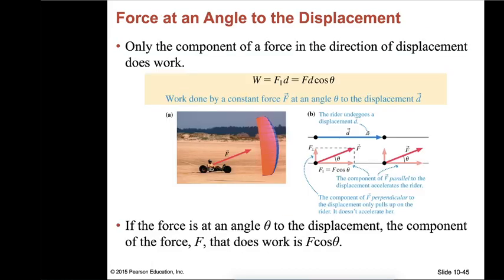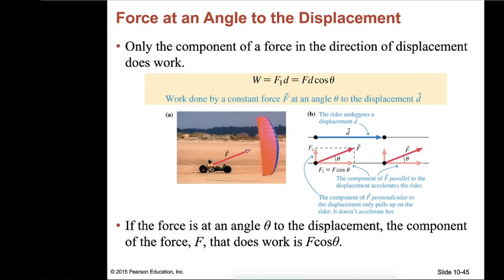Okay, so we have learned how to calculate work when the force and displacement are in the same direction. Now let's see the more general case, when the force is at an angle to the displacement. Only the component of the force in the direction of displacement does work. For example, here we have a device that uses the force of wind to push a cart, and the pushing force is directed up and to the right.